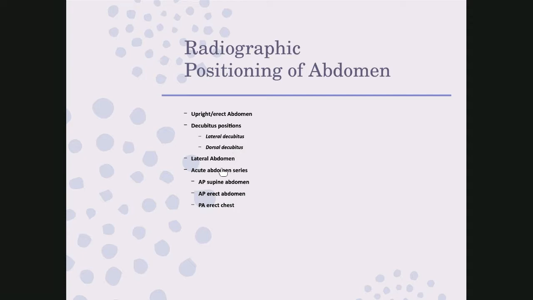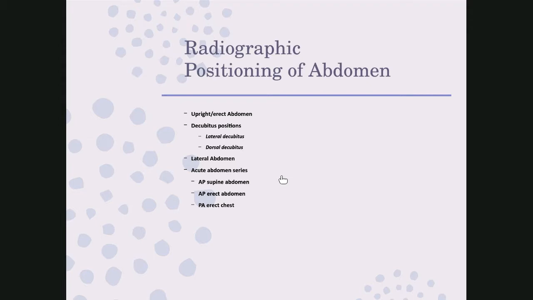And then there also is something called an acute abdomen series, or an AAS, at the end of this chapter. So in addition to an AP supine abdomen, you could also have the upright abdomen, a lateral decubitus, a dorsal decubitus, a lateral abdomen, or an acute abdominal series ordered on a patient.